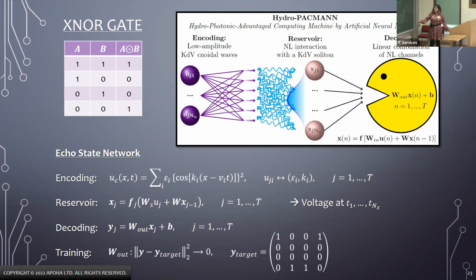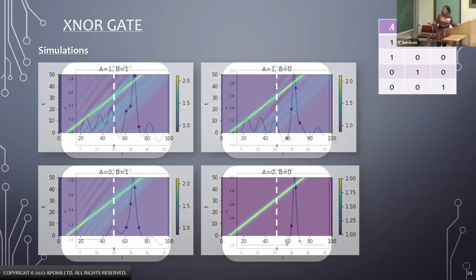And the decoding is well done, so we can say that the network is actually learning when we have a matrix of weights, a matrix W out, such that if xj are the voltages at different times that we get every time that we send a superposition of encoding waves, our yj satisfies this identity, which becomes, again, in the moment in which we consider just a square matrix, a simple matrix equation.